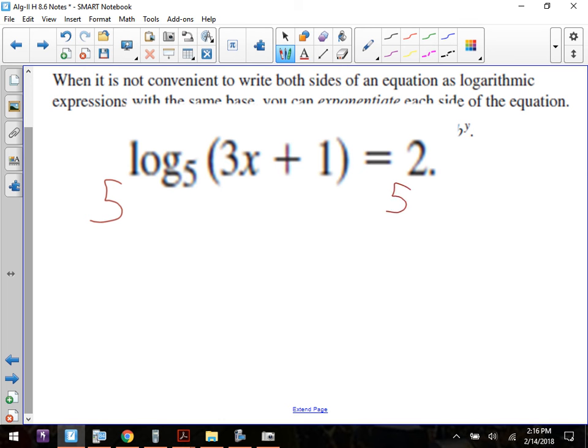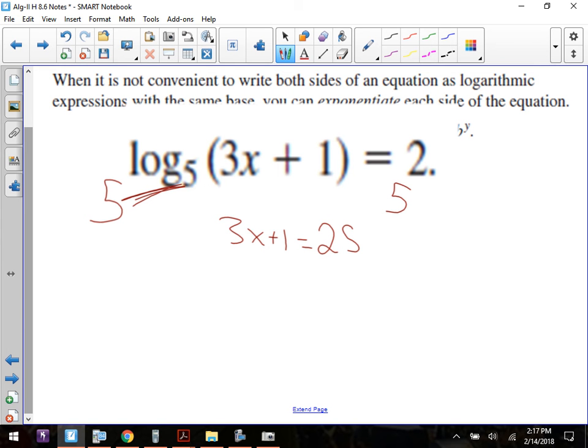So I get 5 to the log base 5 of 3x plus 1. These two undo each other, so I get 3x plus 1 is how much? Pretty quick, isn't it?